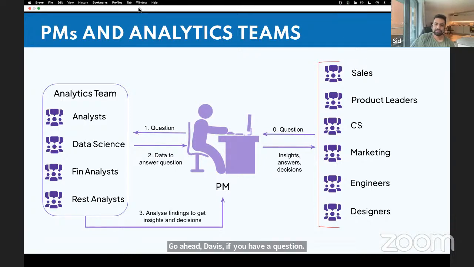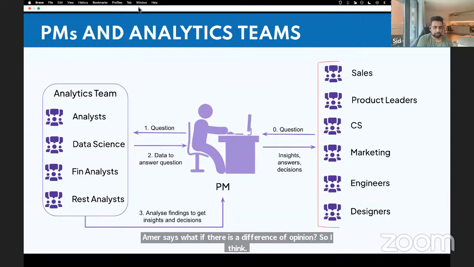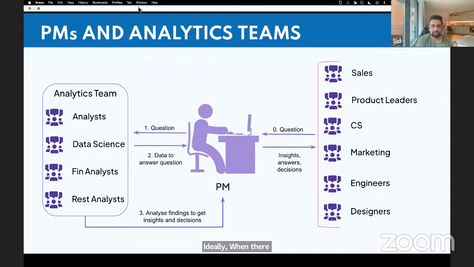Okay, Amar says, what if there is a difference of opinion? So I think ideally, when there is data, opinions shouldn't, in an ideal world, come into the picture, right? You can interpret a specific field wrongly, but if you're looking at the same data and trying to draw insights, assuming your math is correct, and that's a separate issue where you make sure there are no mathematical or calculation errors, it's very hard to have a different opinion, right?